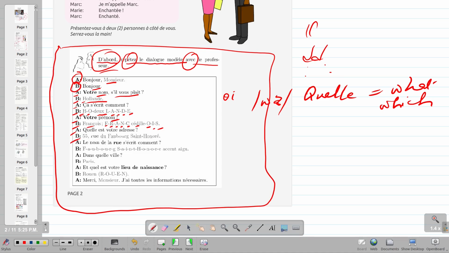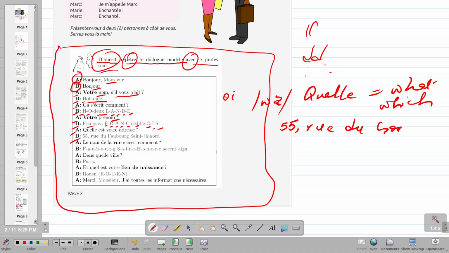And François says 55, virgule. Okay, you see how address is given in French? Rue, street, comes first. Rue du Faubourg.